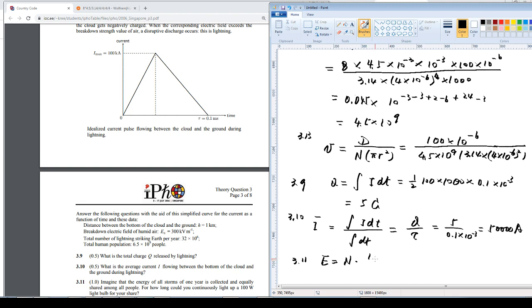I mean, there are some fancy ways to do this, but I think the easiest way is 1/2 QV, which sounds pretty easy.